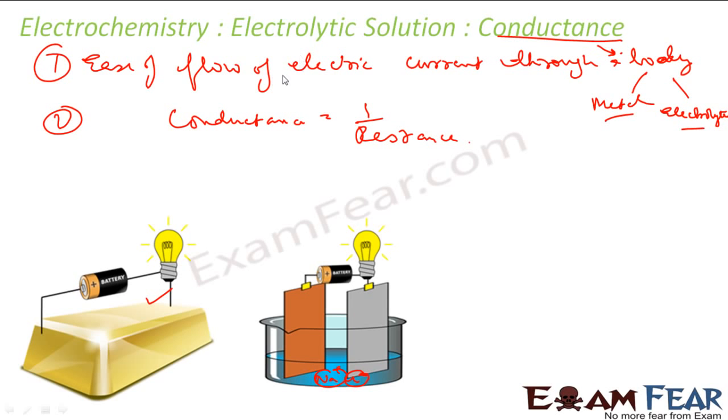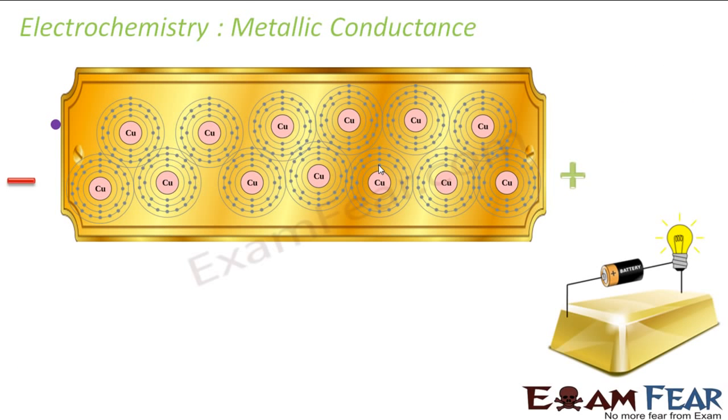So we have conductance in metals and we have conductance in electrolytes also. Let's discuss metallic and electrolytic conductance, starting with metallic conductance. If you have a metal and create a circuit like this, the bulb will glow. So what is metallic conductance?